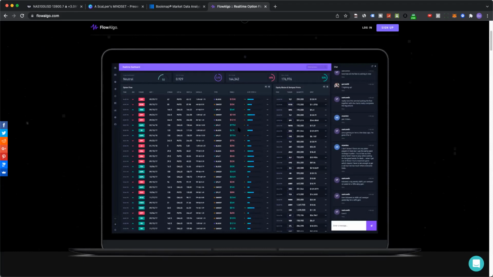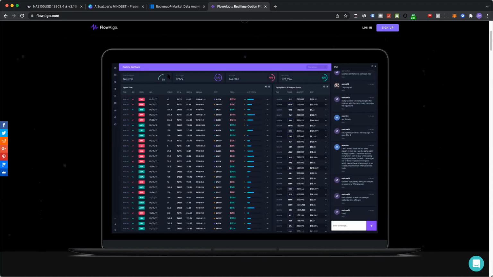But we'll talk about a lot of this later. This is going to show you kind of an overall bias of the market, right? So up here, it's going to tell you neutral. The market is in a neutral state right now. Depending on whatever contract, if this was all just Apple, it'll tell you most people are 50-50 on Apple.